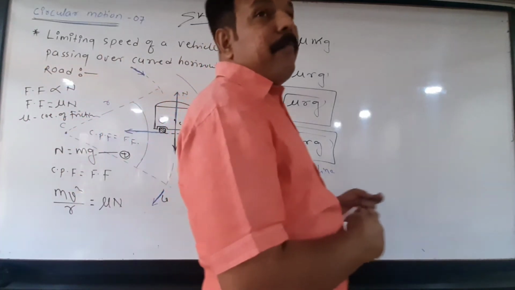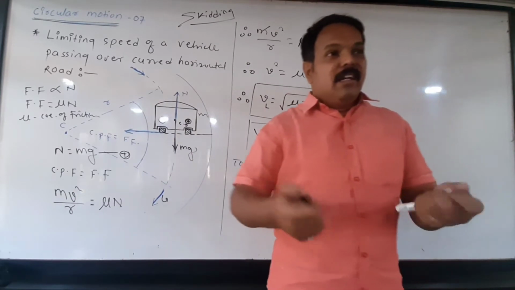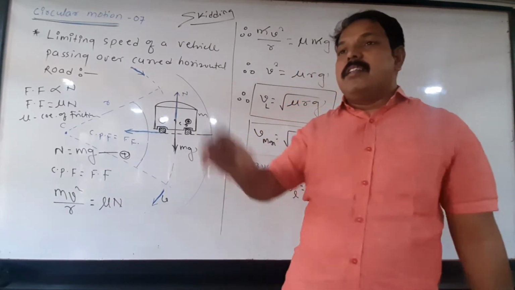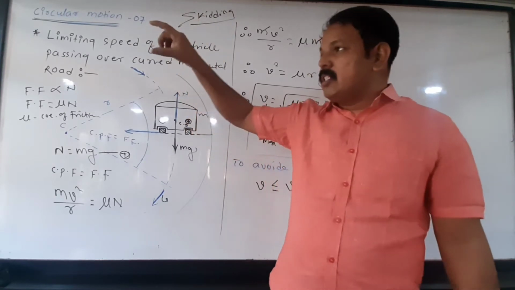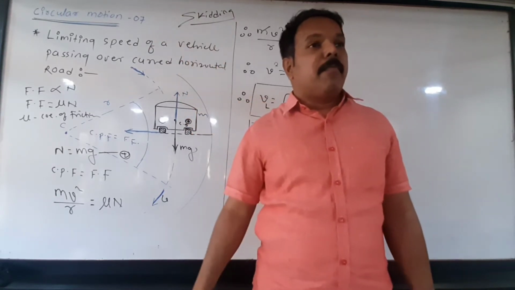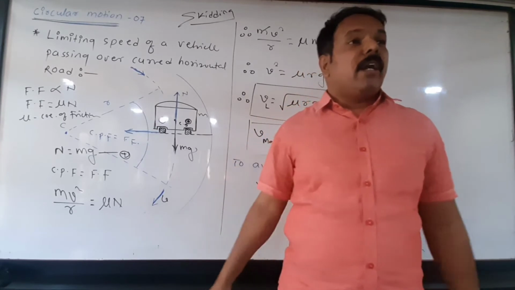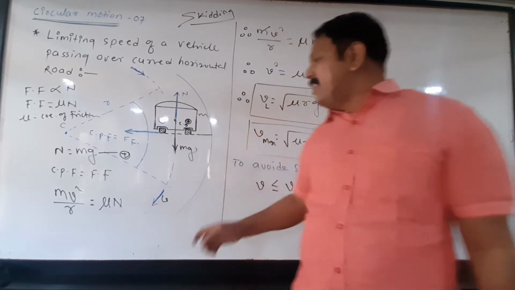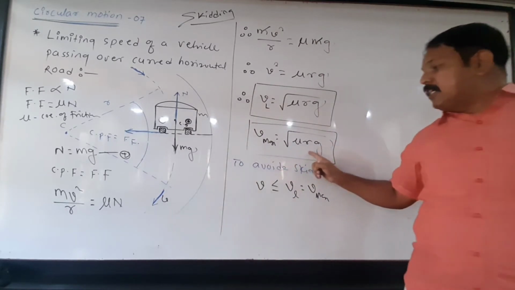Most of the time, you might have been driving on a highway. On the highway at a turn, there are some limits. There are some boards: speed limit is 30 km per hour, 40 km per hour. The question arises, how are these speed limits calculated? These speed limits can be calculated by this formula.